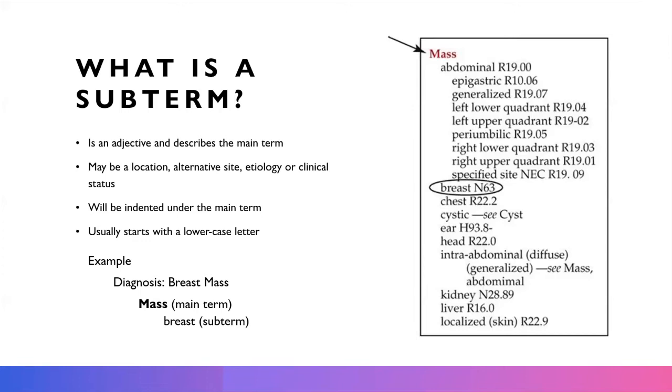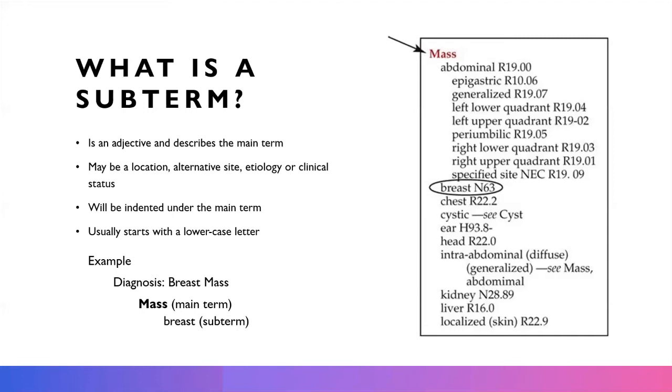Then you go down to breast. You can tell that it's indented to the right, and this would be considered the subterm. There are many different types of masses. There's abdominal, and then you have epigastric, generalized, left lower quadrant, and so on. You could also have a mass in your chest, ear, kidney, or localized.